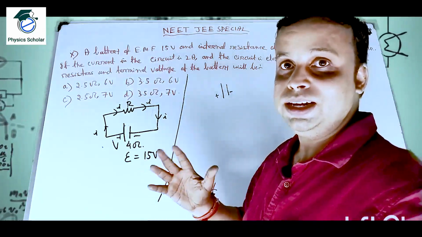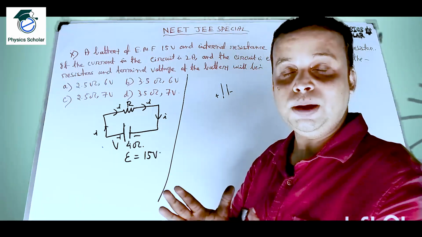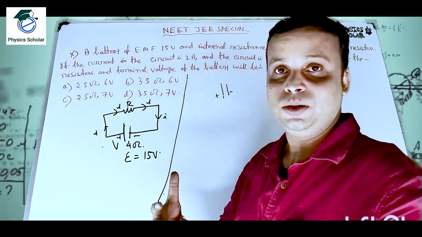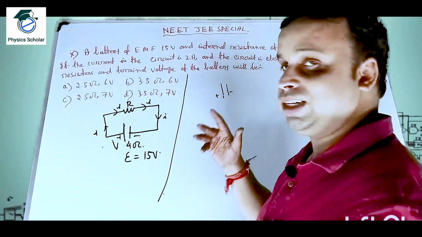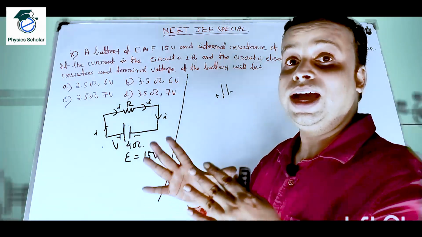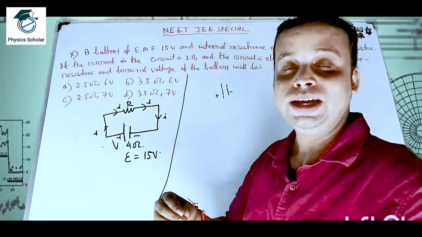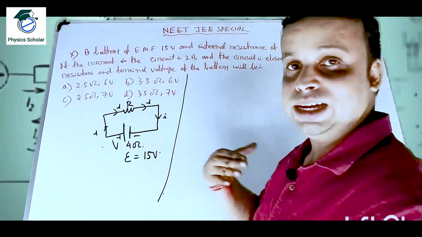Basically, when it is connected with the circuit and the battery has internal resistance, a voltage drop will be there. So basically, the EMF will be higher than the voltage of the battery. Okay, either it will be the same when it is not connected, or it will be higher than the voltage of the battery, as there is a voltage drop if the internal resistance of the battery is there. Okay, so that I have discussed in the current electricity chapter.